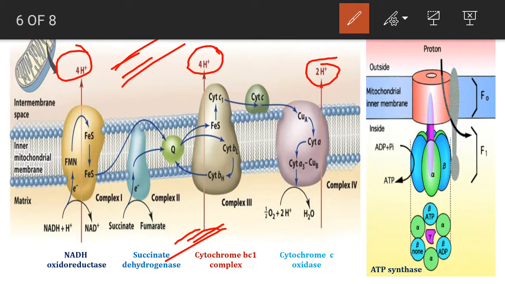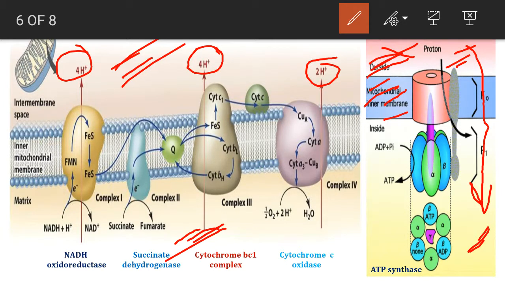Here the protons are accumulating in the intermembrane space. Now they will try to transfer from the intermembrane space to the matrix of the mitochondria, from higher potential to lower potential, via a semi-permeable membrane, that is the inner membrane of the mitochondria.